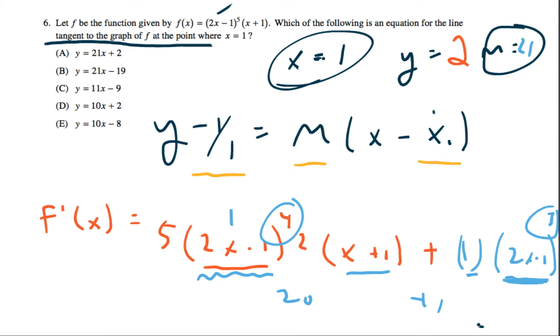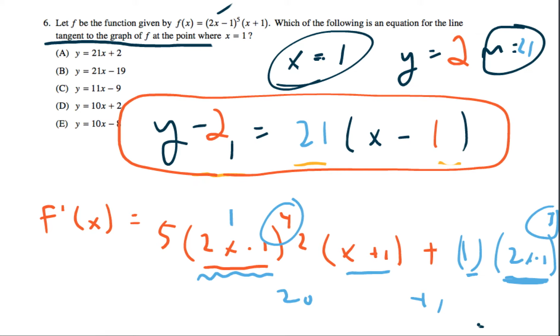Let's go ahead and plug all those values in. We know that our y is 2. We know that our m was 21. And we know that our x was 1. So this is our tangent line.